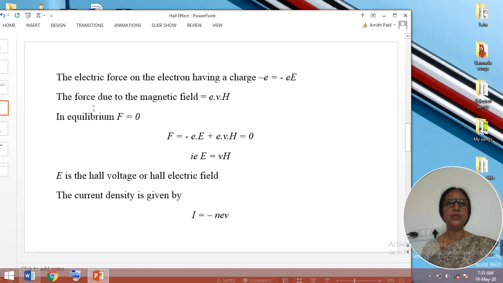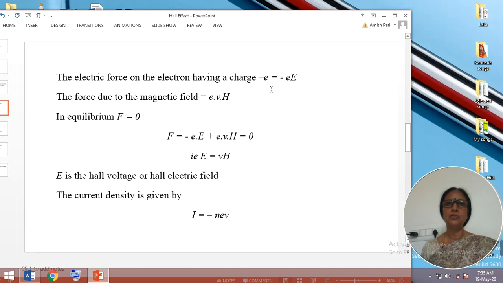The force experienced by the charges due to the magnetic field is given by the expression e into v into H, where e is the charge on the electron, v the velocity with which the electrons are moving, and H the strength of the magnetic field applied.